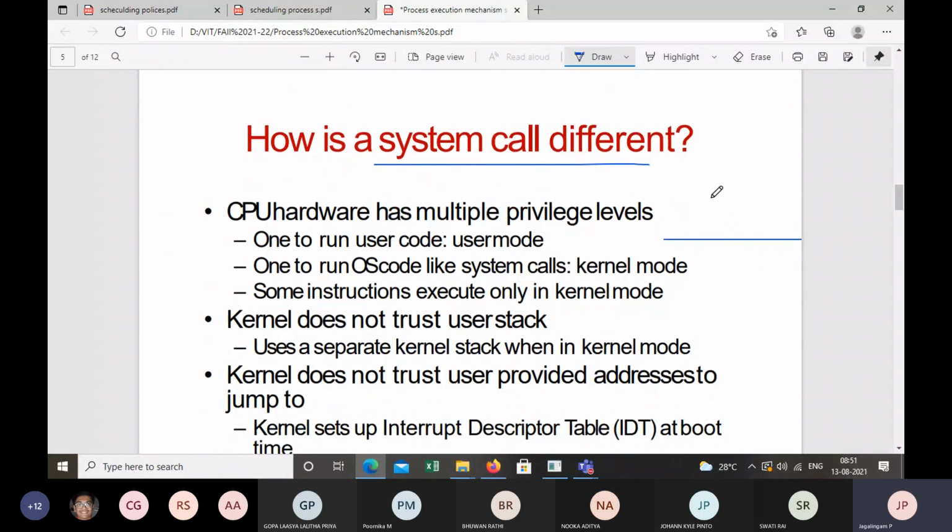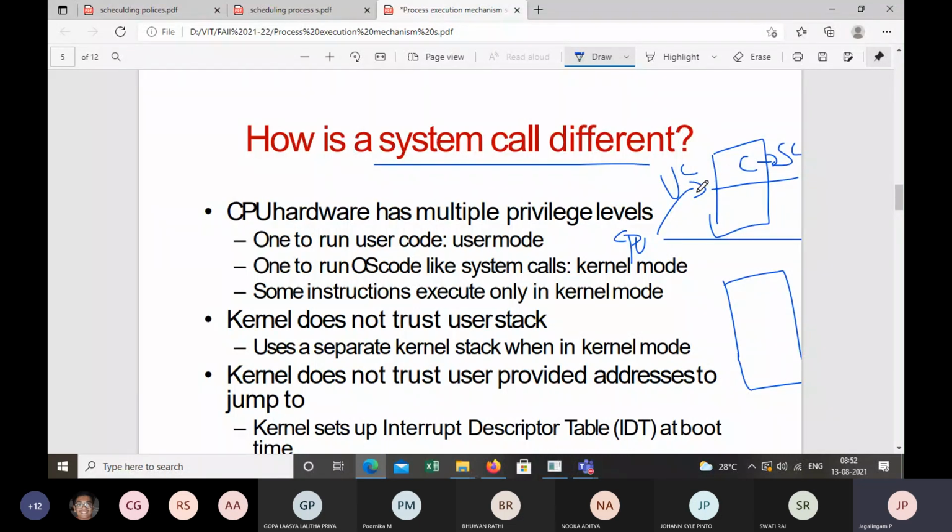Now you have user code and you have kernel code, right? When the CPU is executing user code, the user has invoked a system call.